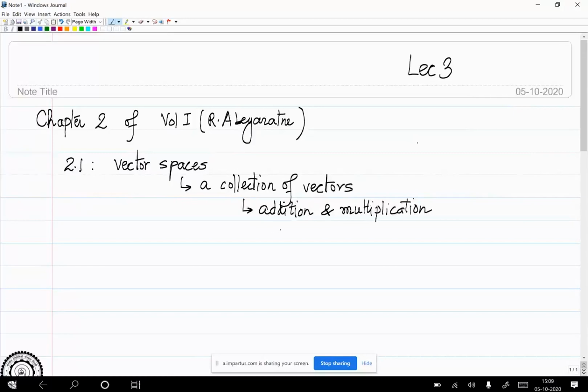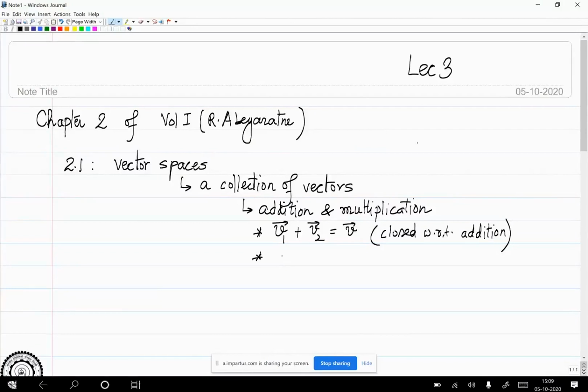And it is such that if you take two vectors from this space, v1 plus v2, the resultant vector also should lie in the same vector space. So we say that it is closed with respect to addition. You add any two vectors from the vector space, the result that you get still lies in the same vector space.